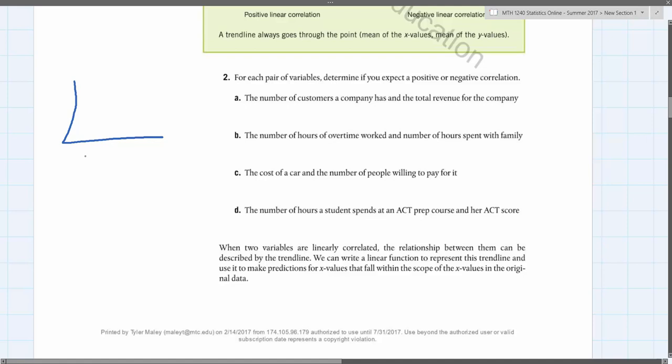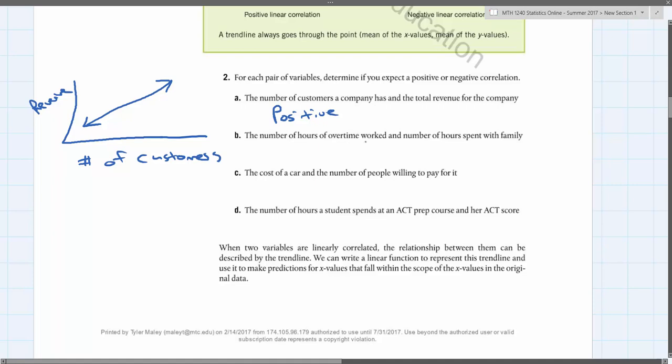So this is the number of customers, and the revenue, right, is along the side. So it's reasonable to think as my number of customers increase that I'm making more money, right? So we might have a linear trend, something like this, right? So this would be a positive, right? So as x increases, my y increases.